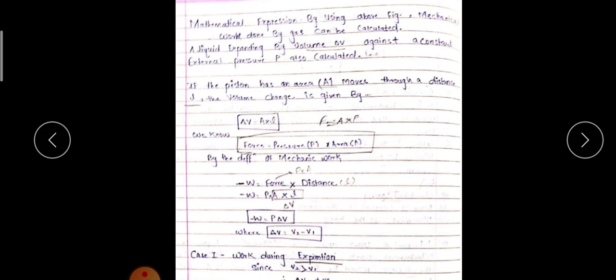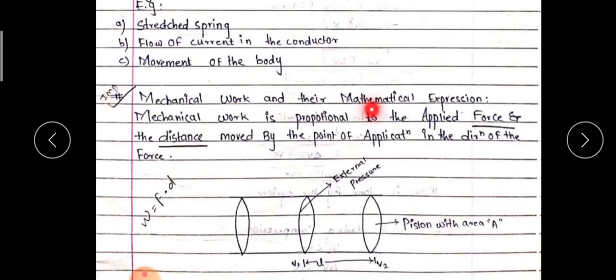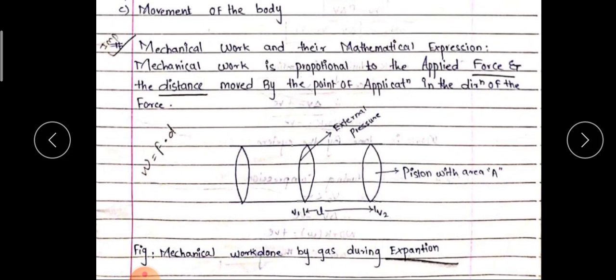If you see the mathematical derivation, you have to consider such a diagram. Here you can see this particular piston. If the gas is going to expand, at that time the piston will go out.